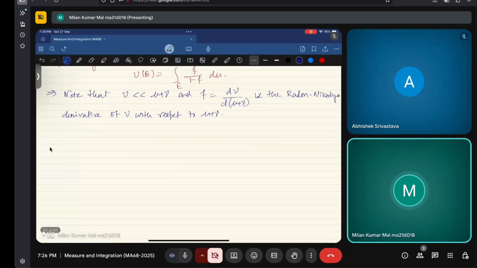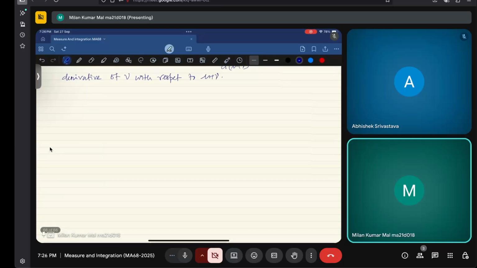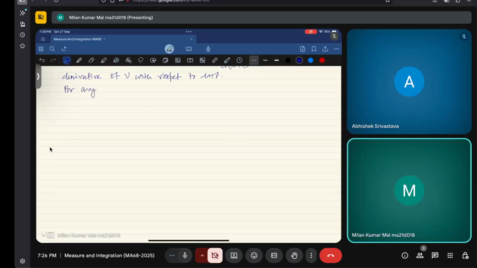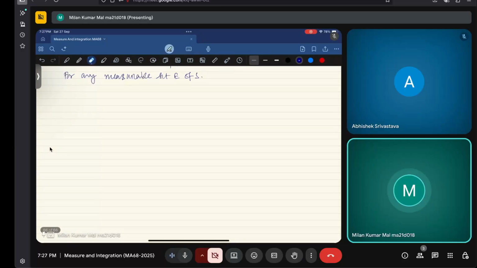So for any measurable set E in S, nu(E) equals the integration over E of d nu, which equals the integration over E of f d(mu plus nu).